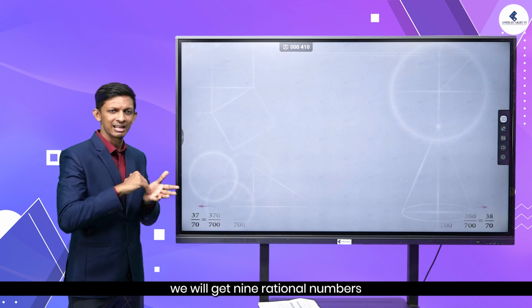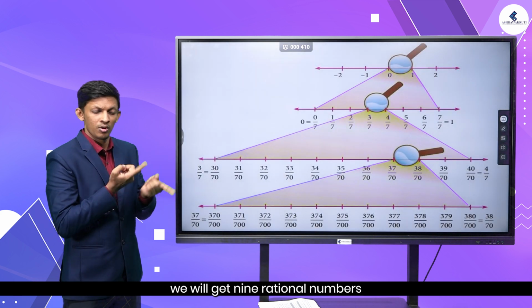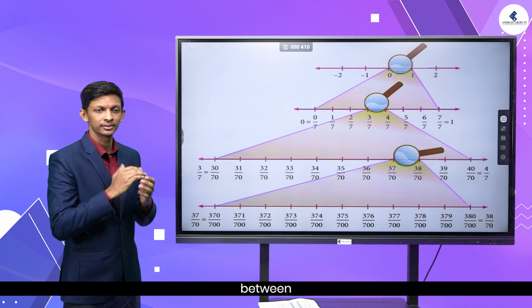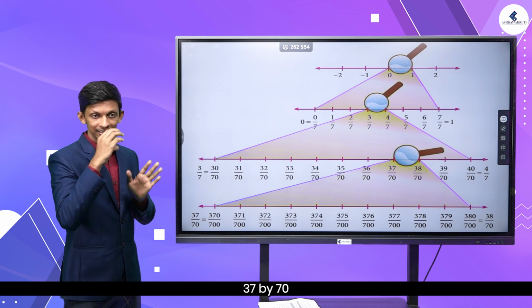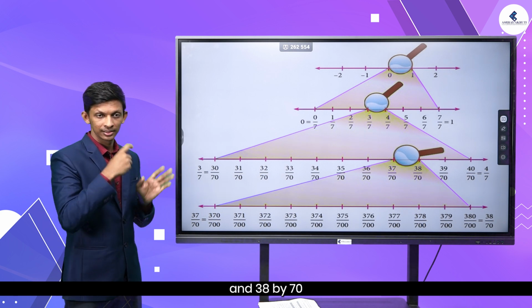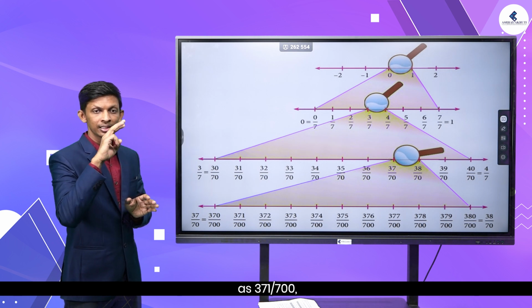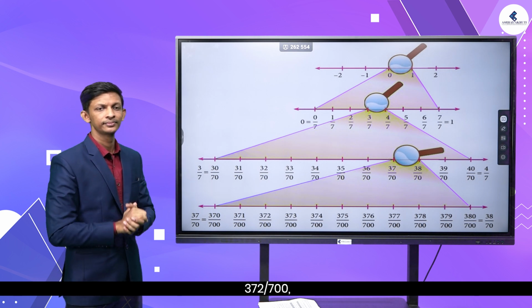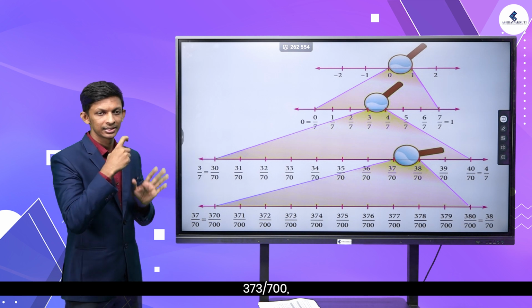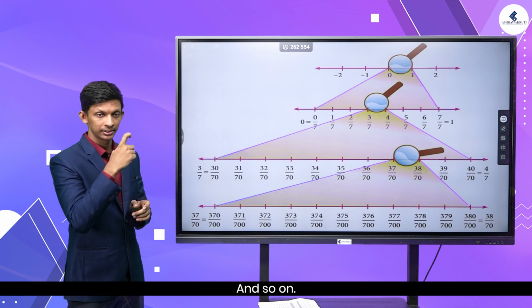Then again we will get 9 rational numbers between 37 by 70 and 38 by 70 as 371 by 700, 372 by 700, 373 by 700 and so on.